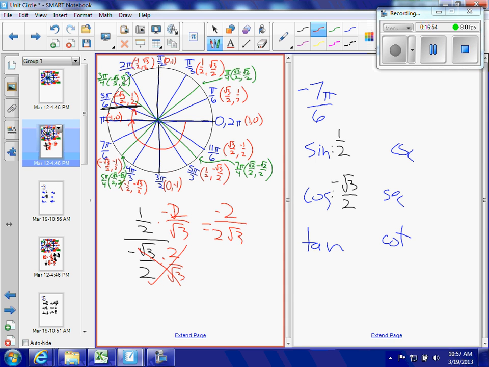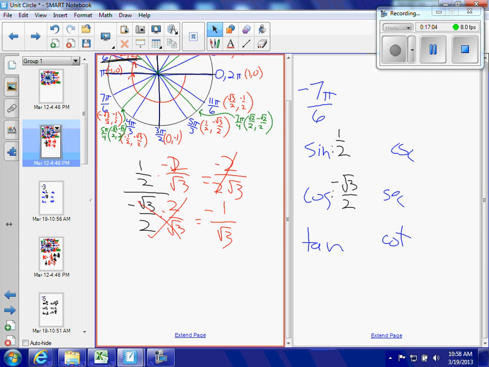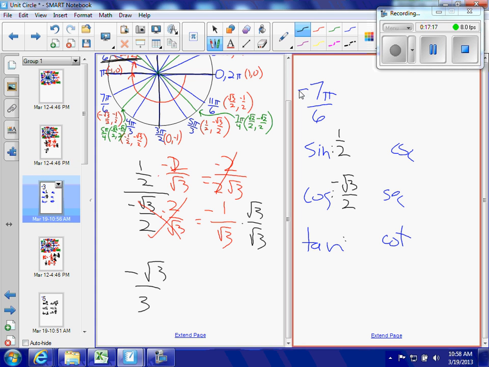My 2's cancel out. So that gives me negative 1 over radical 3. I need to get the radical 3 out from my denominator. I multiply the top and the bottom by radical 3. I end up with negative radical 3 over 3. So my tangent here is negative radical 3 over 3.